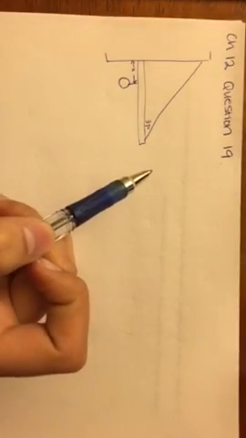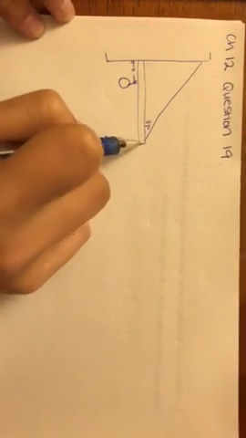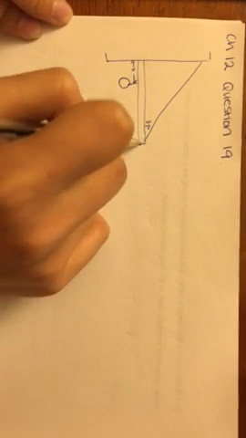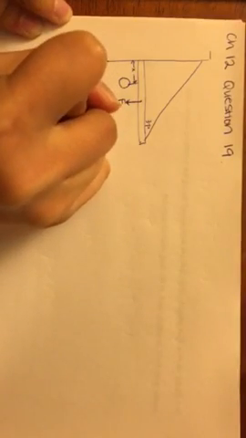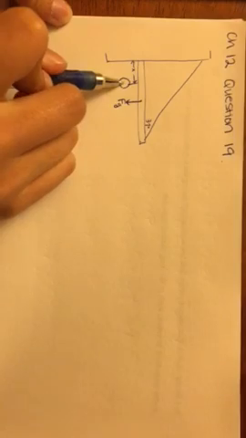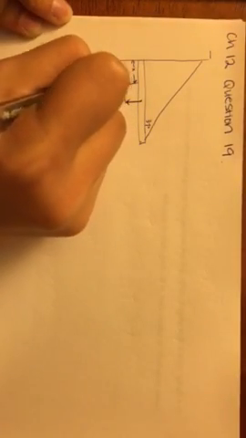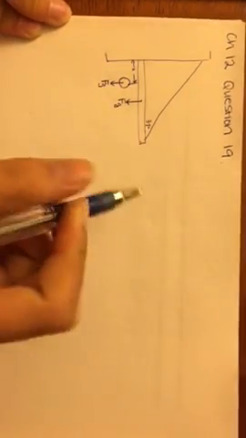So this is the basic diagram given in the question. What you know is that this beam has a weight of Fg, so it would look like this. And this additional object would also have a weight of Fg, so it would look like this.